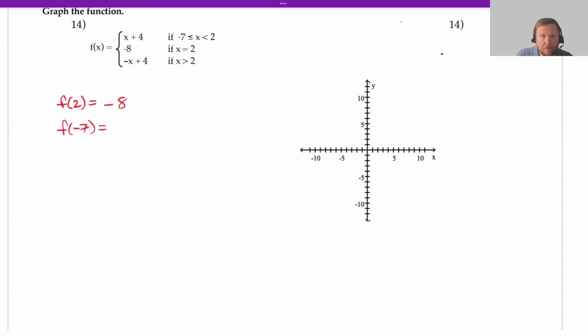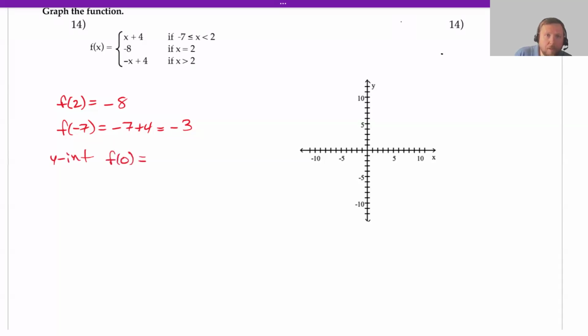So that's in the first piece, so that's going to be -7 plus 4, which gives me -3. Other important considerations, so y-intercept. So that's f of 0.